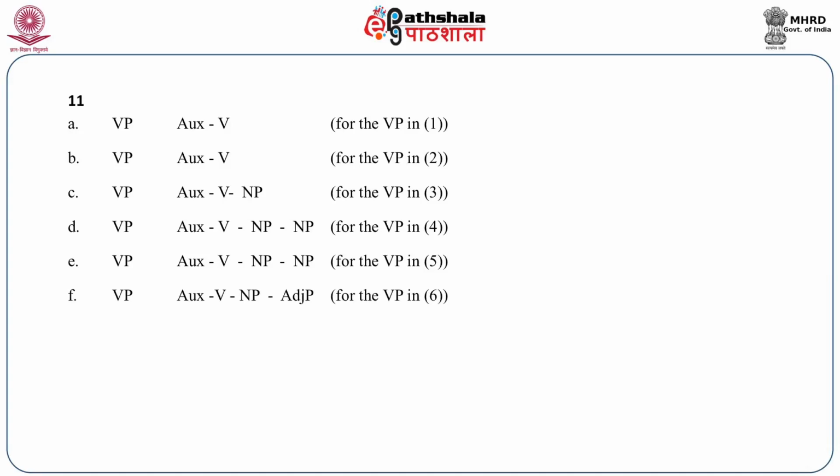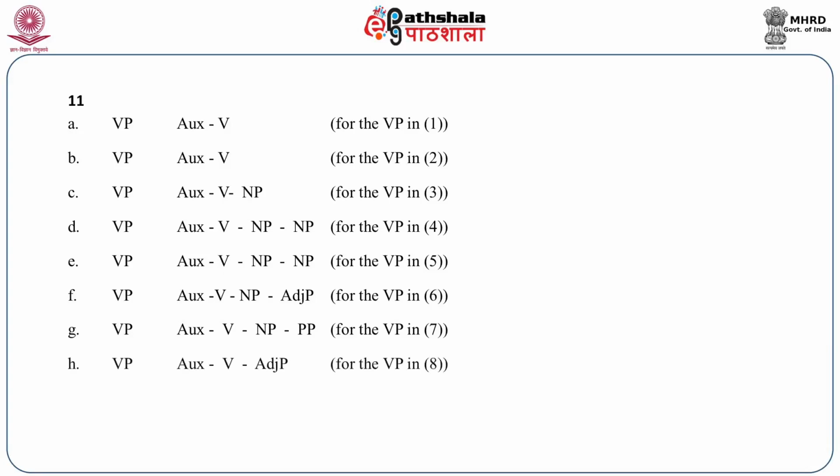In 11f, however, which is the rule for sentence 6, the main verb is followed by a noun phrase and an adjective phrase. For sentence 7, we have the rule 11g where the V is followed by a noun phrase and a preposition phrase. Then in 11h, the main verb is followed by an adjective phrase, which is the rule for sentence 8.